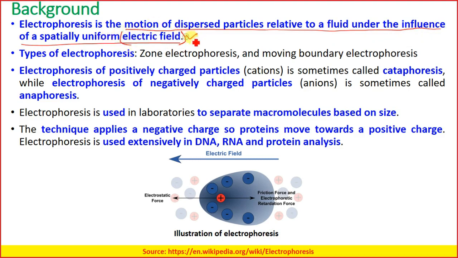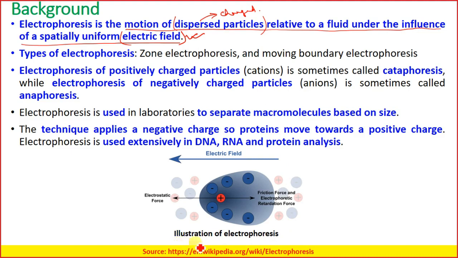We have to apply an electric field, and upon the application of this electric field, the dispersed particles within the system, which are charged particles, try to move through the fluid under the effect of the electric field.